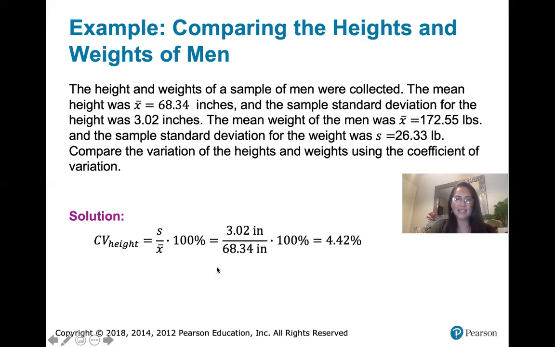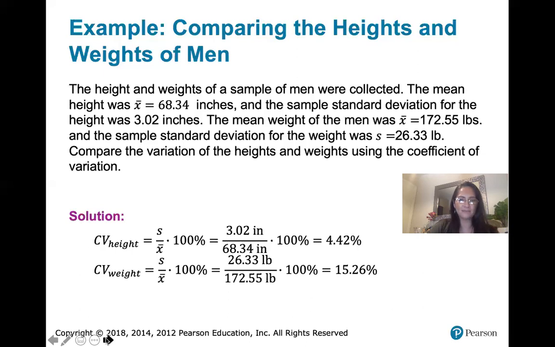We're going to take the sample standard deviation for the heights, which is 3.02 inches, and then we'll divide by the mean height of that sample of men, which was 68.34 inches. If we create that ratio and then we multiply by 100%, we see that the coefficient of variation for the heights is about 4.42%.